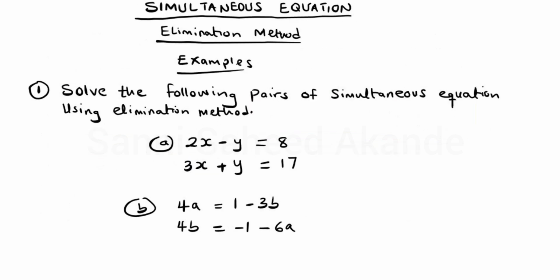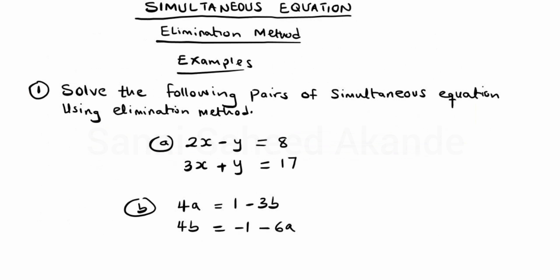Solve the following pairs of simultaneous equation using elimination method. Okay, so this question is specific about the method we are to use. Use elimination method. So let's begin with the first one.